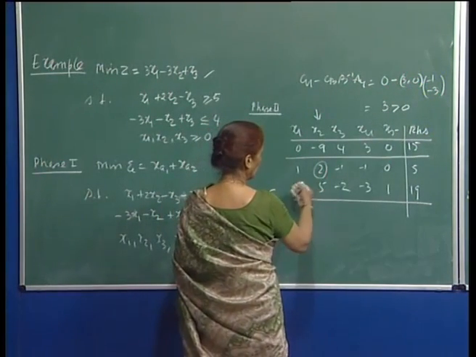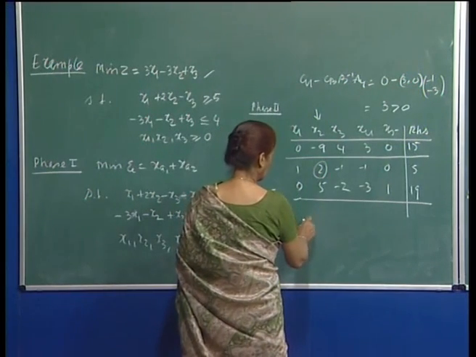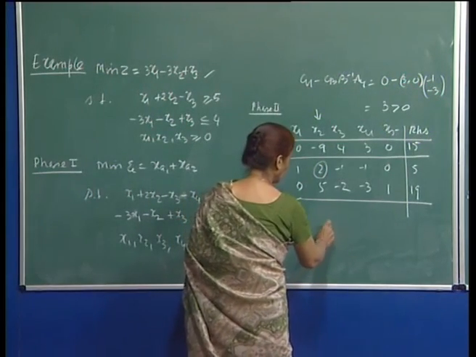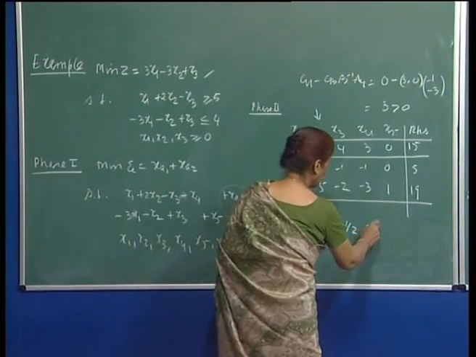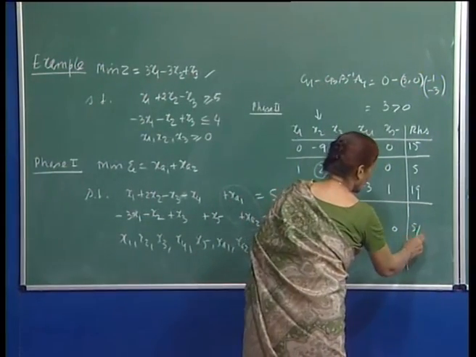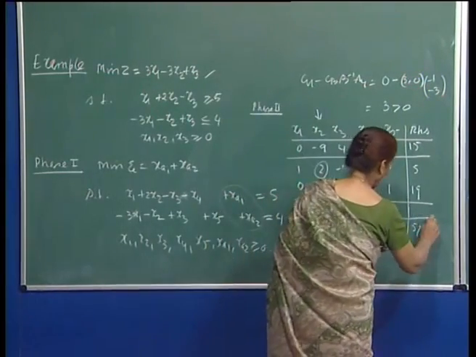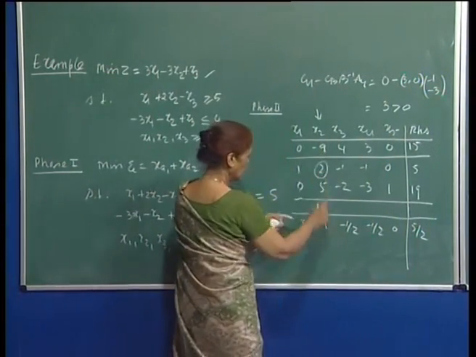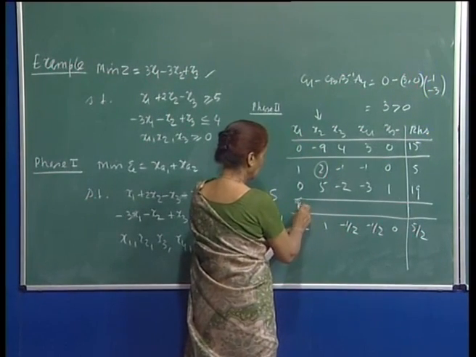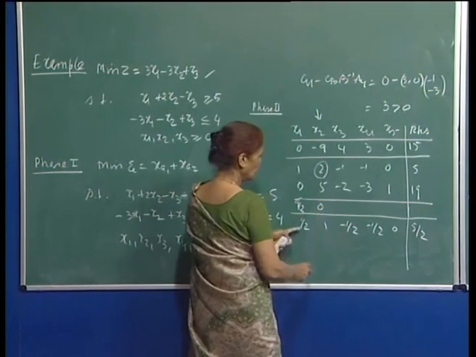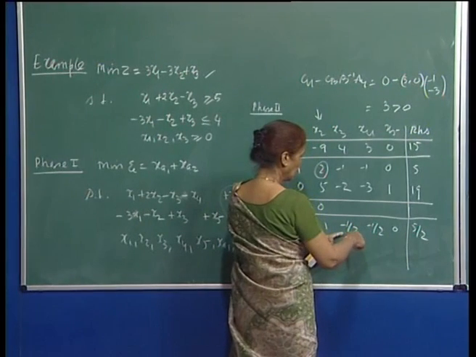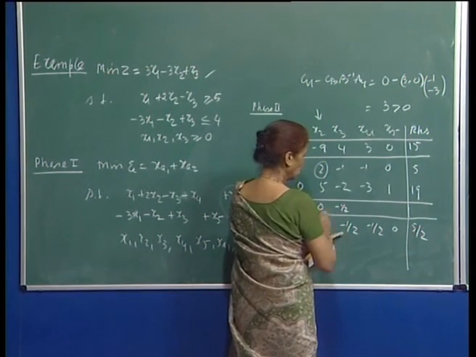Okay, so let's quickly do the computation here. This will be 1 by 2, 1, minus 1 by 2, minus 1 by 2, 0, and this is 5 by 2. Now you want to make a 0 here, so 9 times this I have to add. So 9 times this will become 9 by 2, this is 0. 4 minus 9 by 2 would be minus 1 by 2.